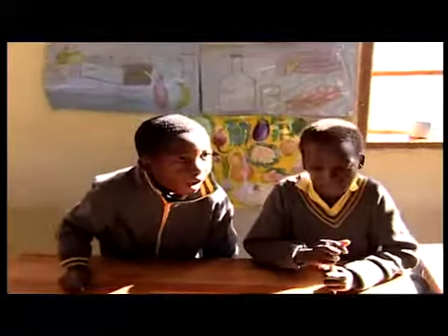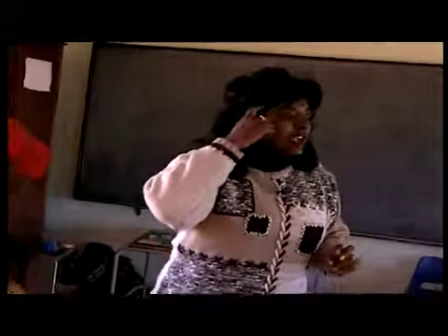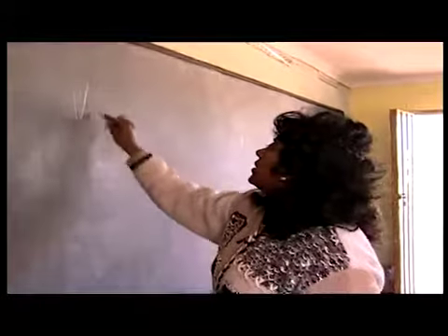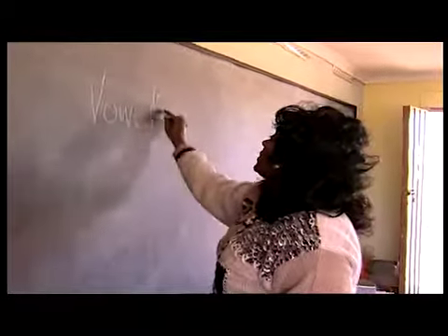Do you remember we did vowels? Do you remember the vowels? A. Good boy. A. Let's see who else is going to give me a vowel. I. Good girl. Okay, what word is this?